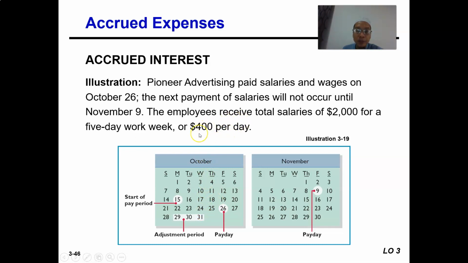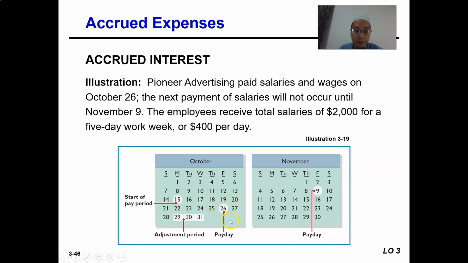The employee is receiving $400 per day, so they should be receiving $2,000 for 1 week. But Pioneer Advertising is only paying on November 9th.